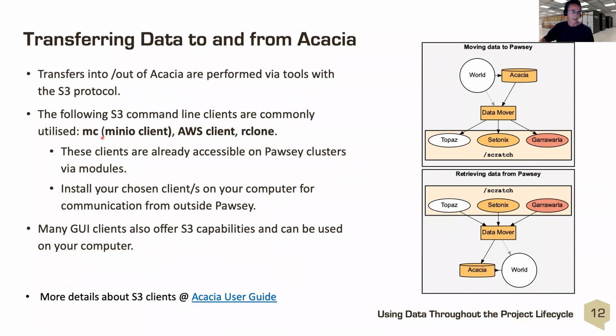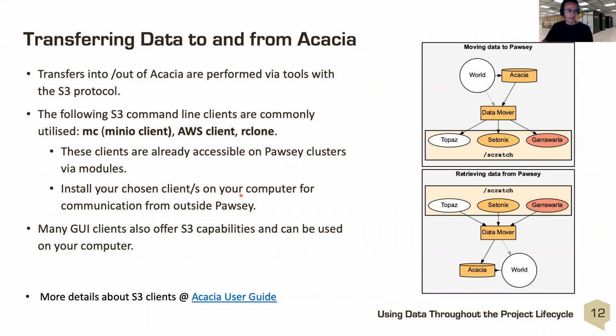In this case, we are at Pawsey using these 3 clients. There are many available clients for you, but we recommend you to start with these, and we are considering supporting the use of MC, the MinIO client, which is a client that has the peculiarity of being more straightforward to use.